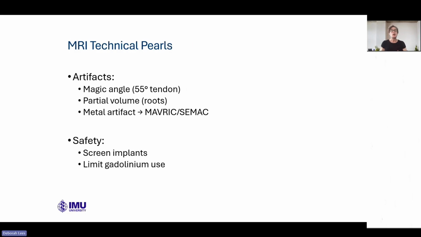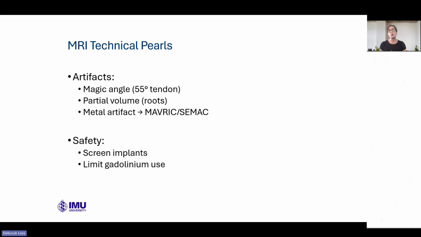Okay. So there are a few artifacts that come along. So we've got the magic angle, which is the 55 degrees to the tendon, which interferes with some of the views a little bit. We sometimes get partial volume, which is when we're looking specifically at the meniscal roots. We just don't get a very good image sometimes, and we've got to readjust how we're actually sequencing items.